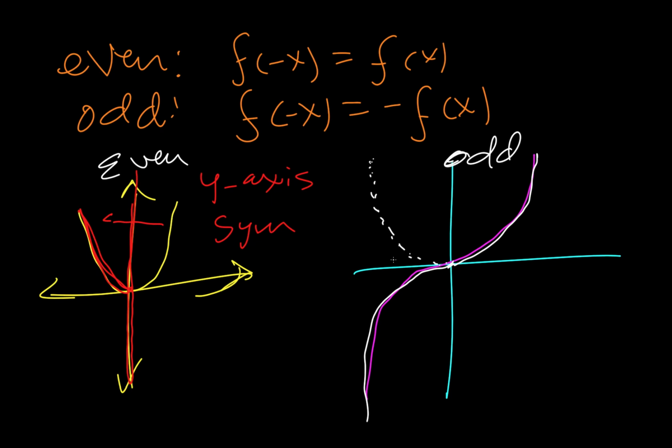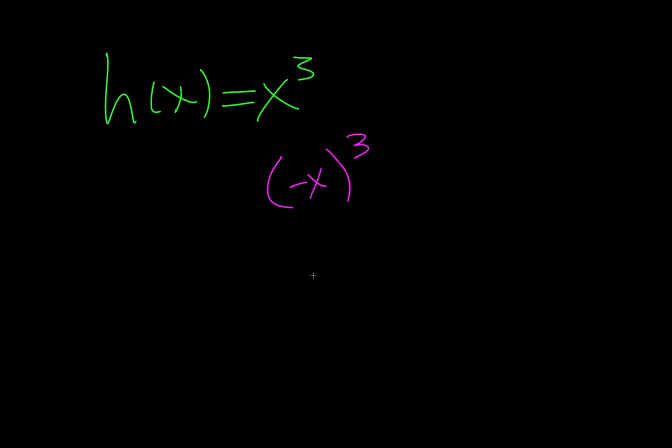Now, to be more exact, sometimes it's better to use an equation. If we just want to state whether something is odd or even, and we're given an equation, let's try one like this. So x cubed. What we're going to do every time, if we don't know if it's odd or even, is plug in a negative x and then simplify.